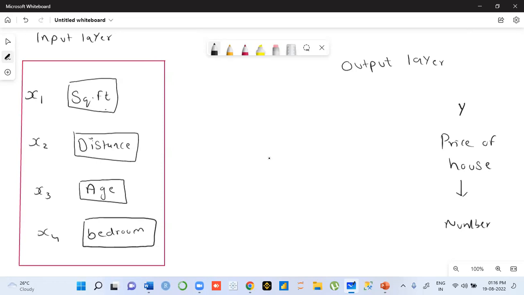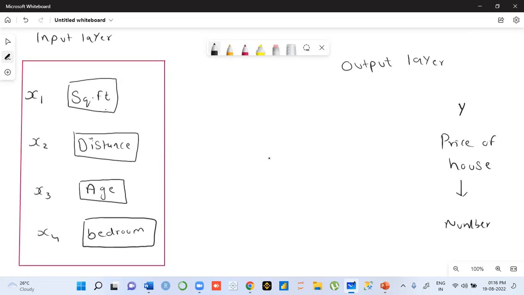For you now, she wants to go for square foot. You want to go for distance. Any other person? So you want to go with square foot. For you, square foot.